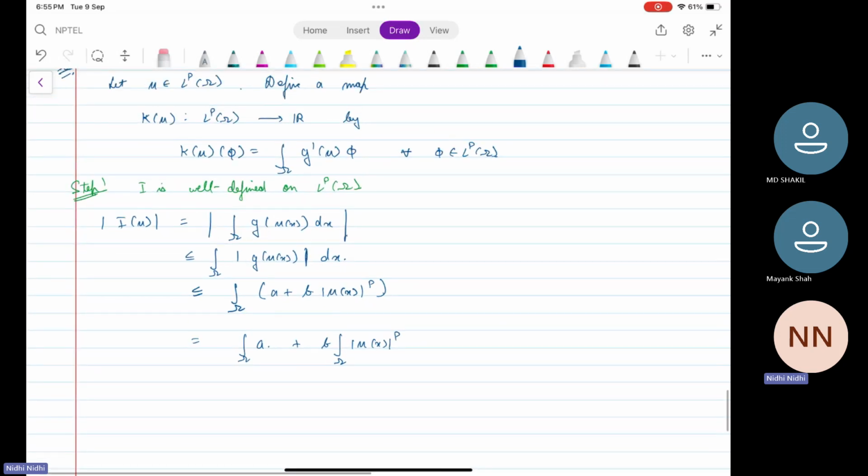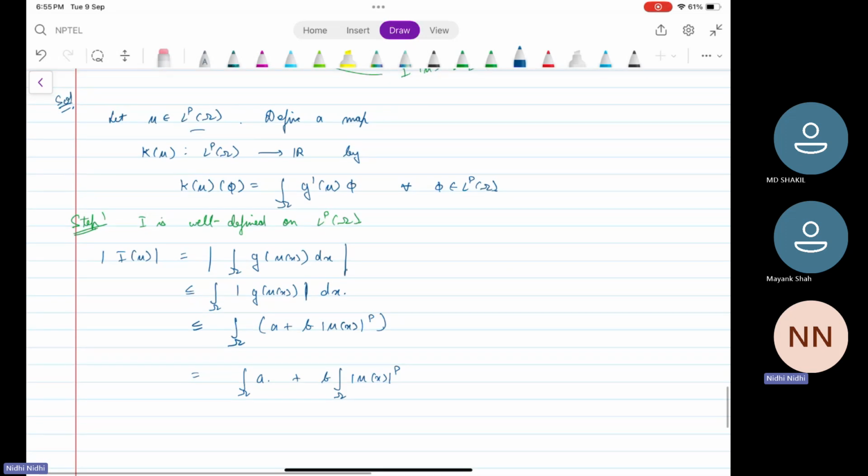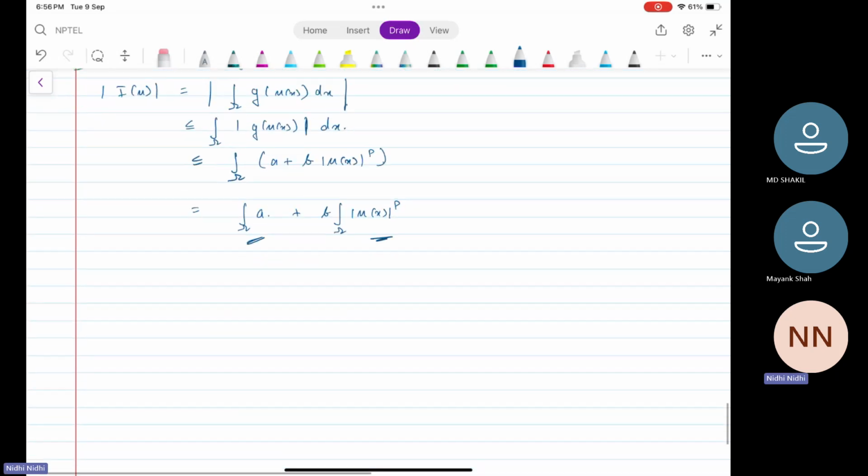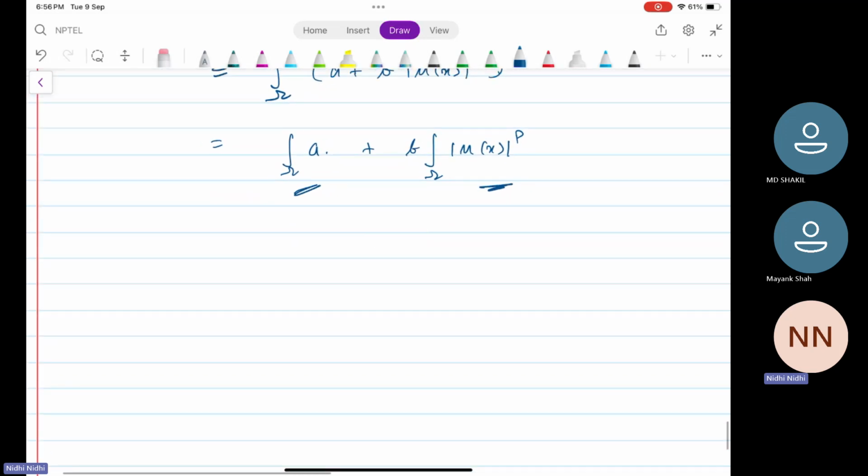Since u is a function in L^p, this integral is finite, and the constant term is finite only when Ω is bounded, because that gives a finite measure. So this is equal to a times μ(Ω), the measure of Ω, plus b times the integral over Ω of |u|^p, which is finite because Ω is bounded.